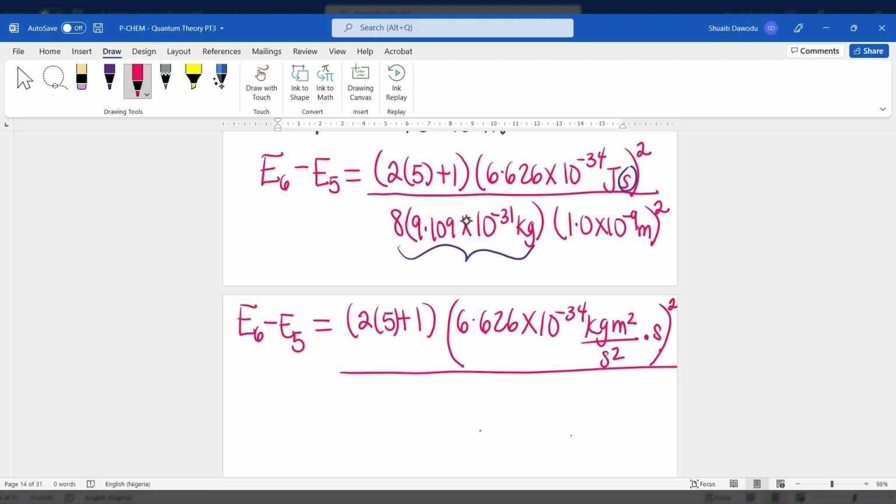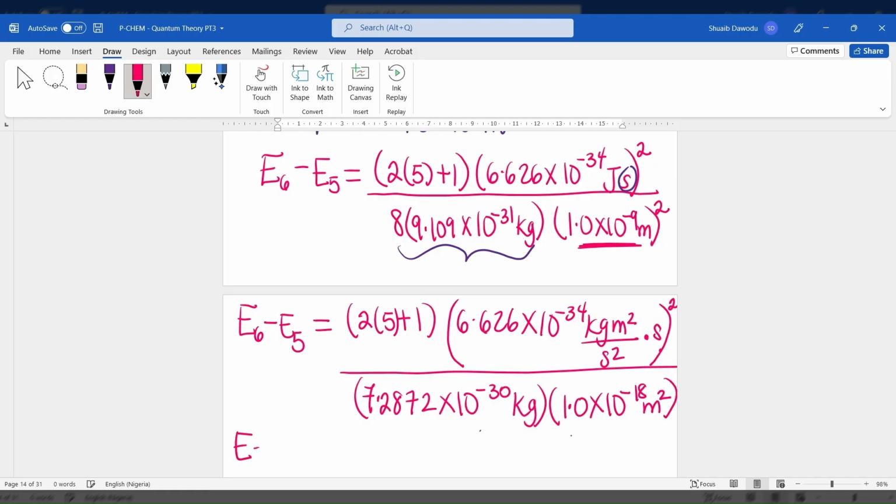So you have 8 times 9.109 times 10 to the power of negative 31 kilograms, which is going to give you 7.2872 times 10 to the power of negative 30 kilogram, and then 1.0 times 10 to the power of negative 9 meter squared. We can just square that. And when we square this information here, we end up getting 1.0 times 10 to the power of negative 18 meter squared.